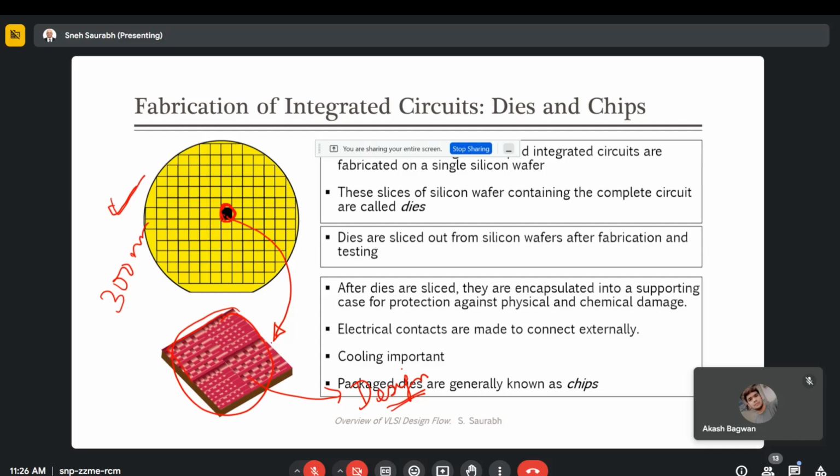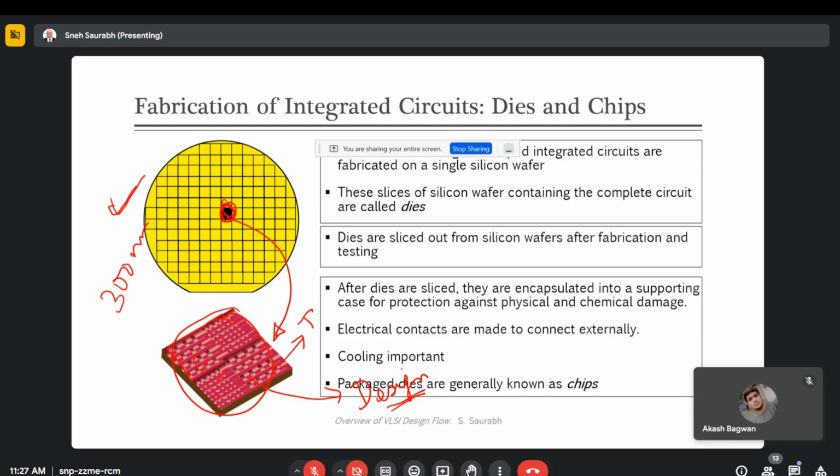Once this die is fabricated using our layout, which contains millions of transistors, right? So the transistors will be sitting on these dies, and the size of these dies is a few millimeter square or centimeter square. That is the size of these dies.